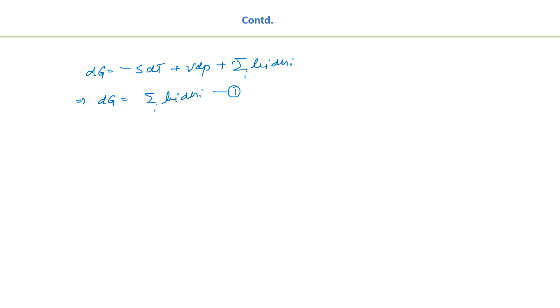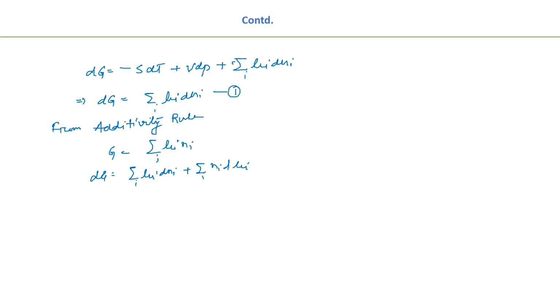This is equation number 1. Now from the additivity rule, we get G equals sum of mu i ni, so dG equals sum of mu i d ni plus sum of ni d mu i. This is equation number 2.